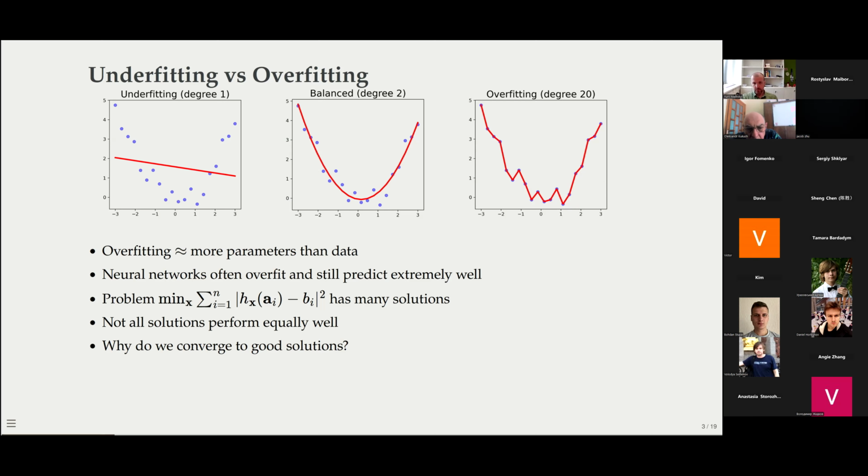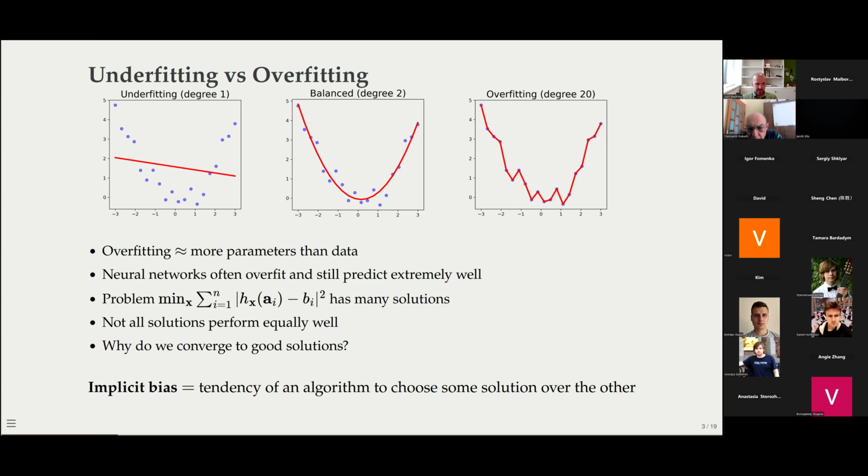What are the properties? Because the algorithm is the same. We can only change maybe the initial point, maybe the learning rate or step size. There are not so many things to change, and somehow they converge to good and not bad. In the last 10, 15 years, this phenomenon has appeared that is called implicit bias, which is roughly speaking a tendency of an algorithm to converge to one solution and not to another.